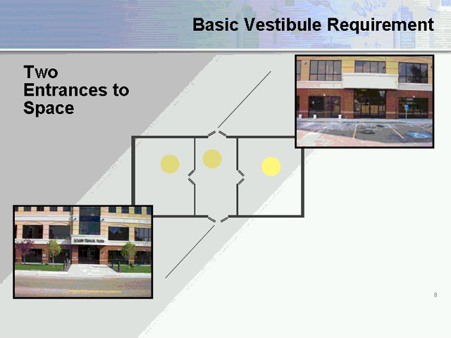From this standpoint, you could argue that both of the doors here and here are primary entrance doors into that space. One's leading off from the parking lot, the other is leading off from the street, but they're both primary entrance doors into that 3,000 square foot space. So under the IECC, both doors would need to have vestibules on those doors.